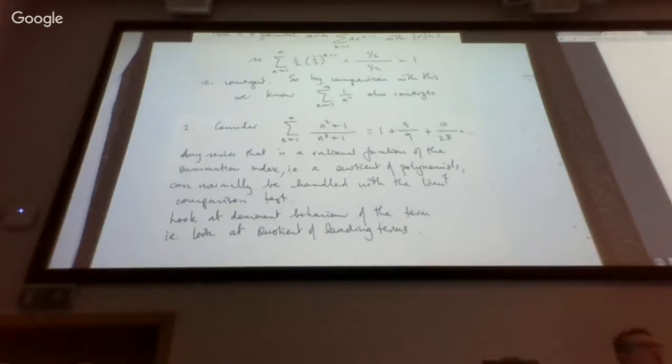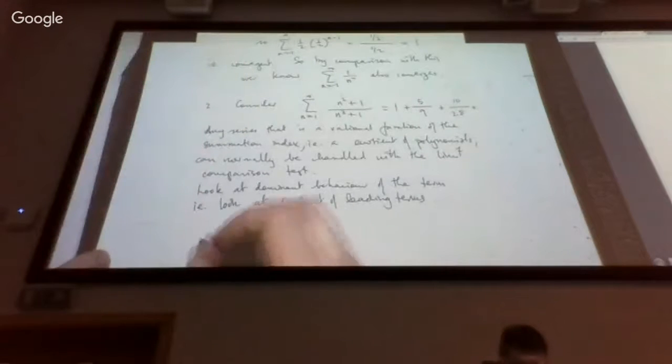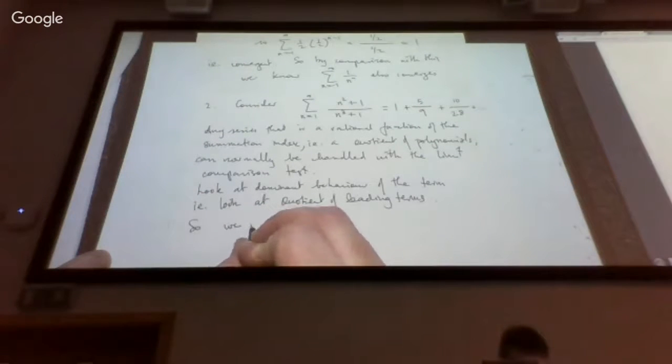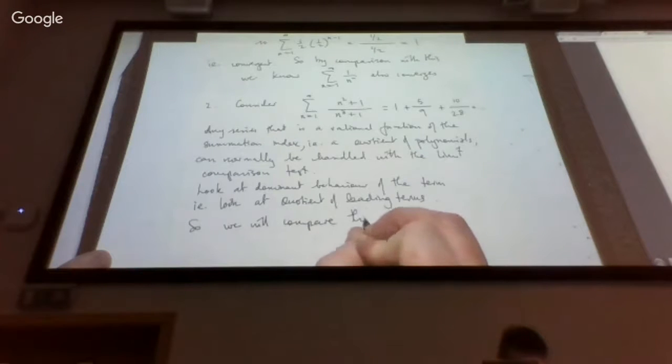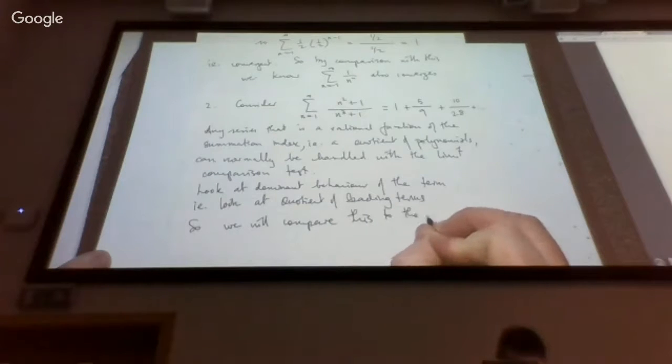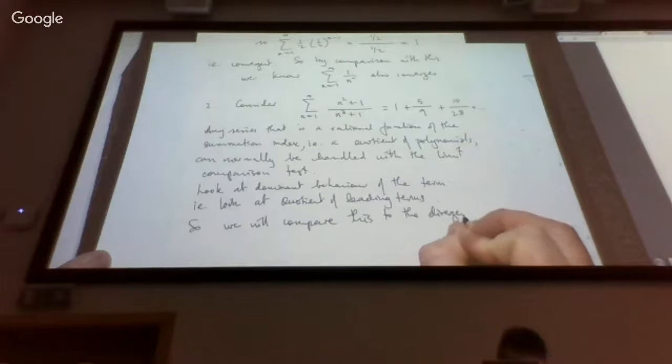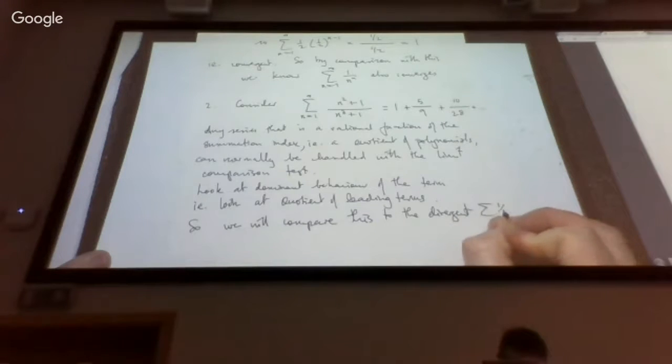We know that to be divergent from our earlier work. So we'll be looking at an instance of the second line of that comparison test. So we will compare this to the divergent series, the sum of 1 over n.